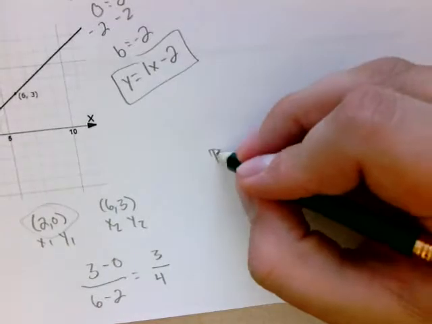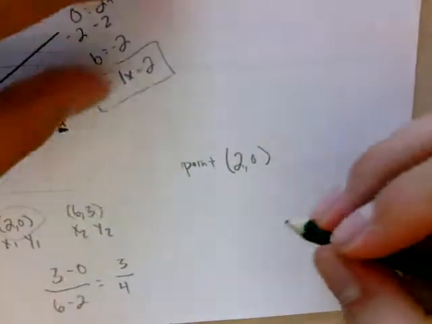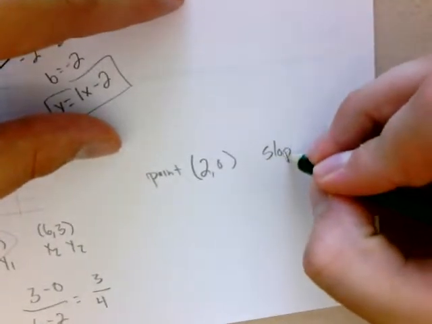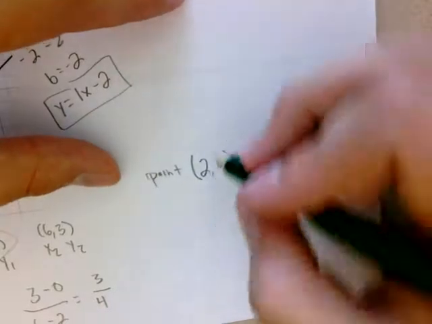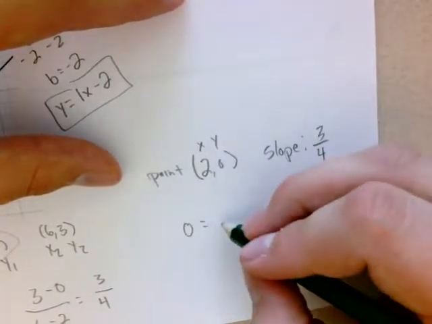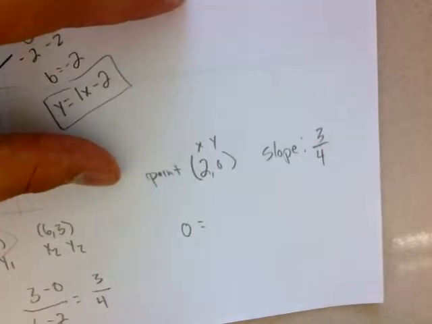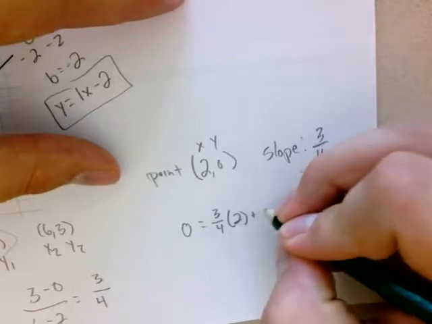Alright, easiest point of the two is this one. So we're going to put point 2, 0. Our slope, which is 3 over 4. Okay, so x, y. My y is 0. My x is 2. So it's 3/4 times 2 plus b.